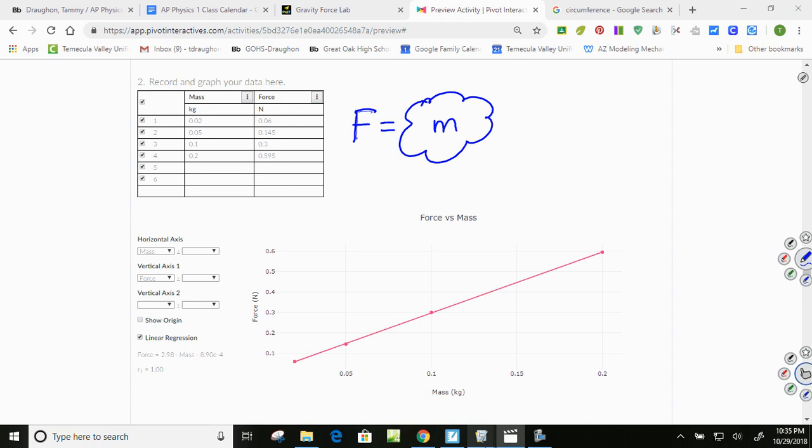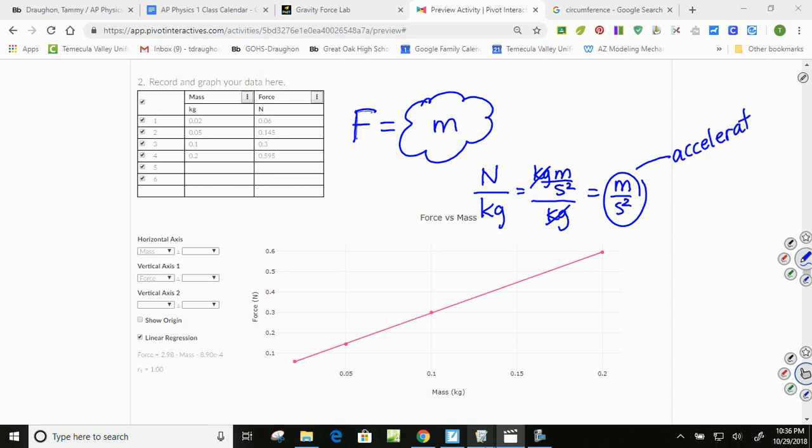Now that looks very suspiciously like something we already know, which is Newton's second law. And if we look at the units, just in case we're wondering, it's Newtons over kilograms for the slope. And what I get for the slope is, oh look, units of acceleration. So it turns out that, yeah, that equation must just be F equals ma.